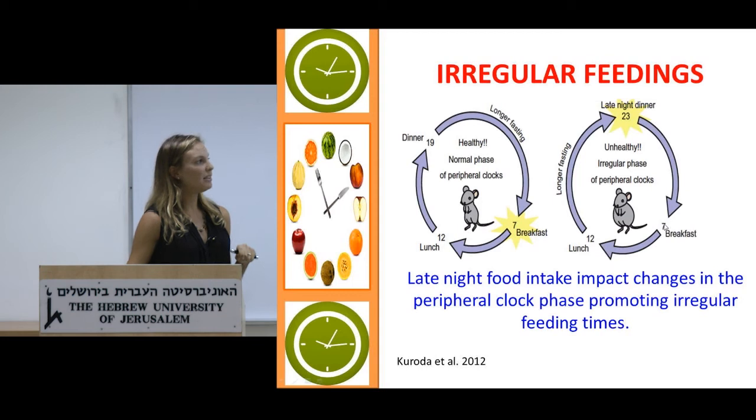However, this mouse follows a very, very long fasting, and late night food intake impacts changes in the peripheral clock phase, promoting irregular feedings. And besides that, having longer fasting periods is not good to keep an adequate meal schedule.